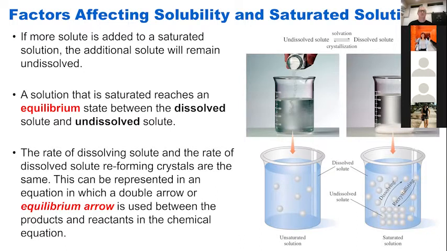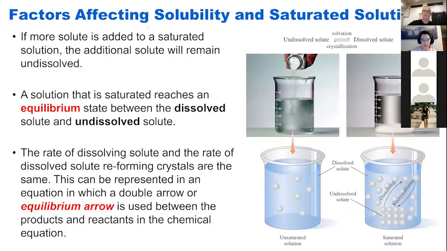What is a saturated solution? How can you tell if you have a saturated solution? Things no longer dissolve. You could see the particles build up. Yeah, that's right. Like look at this solution over here.